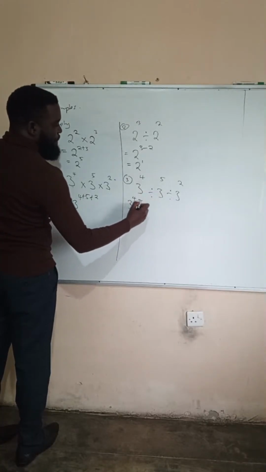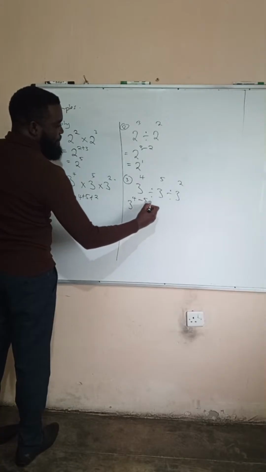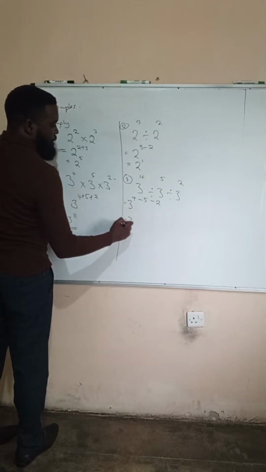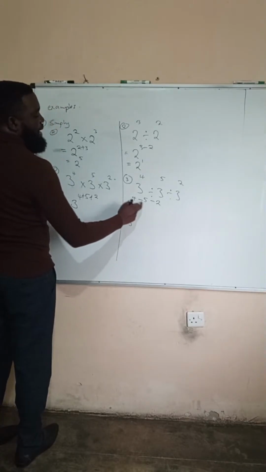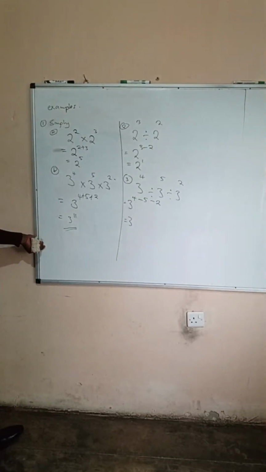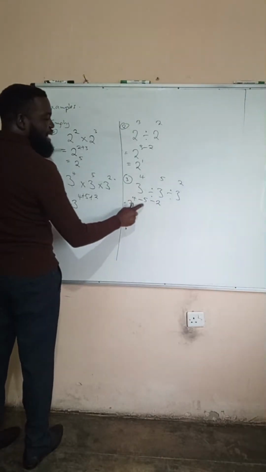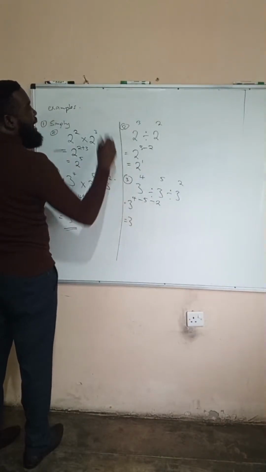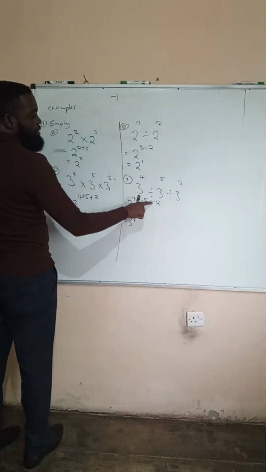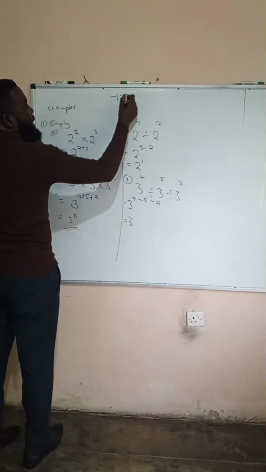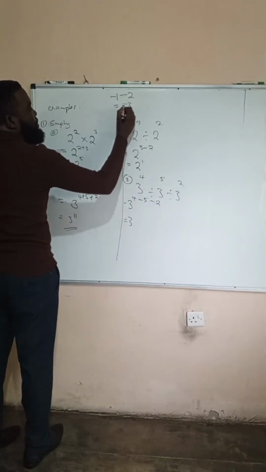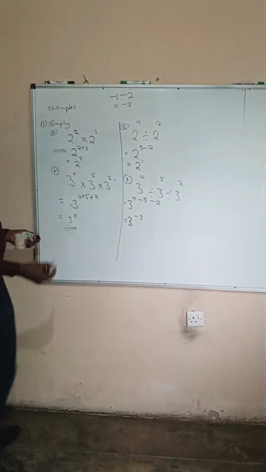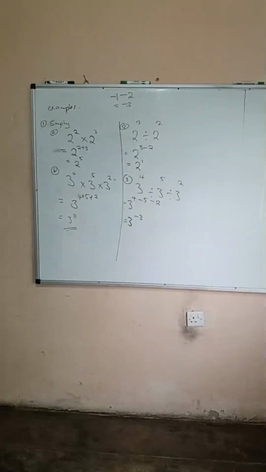So it will be 3 to the power 4 minus 5 minus 2. 4 minus 5 is negative 1. Negative 1 minus 2 will give you negative 3. So this will be the answer, 3 to the power negative 3. I hope you have understood.